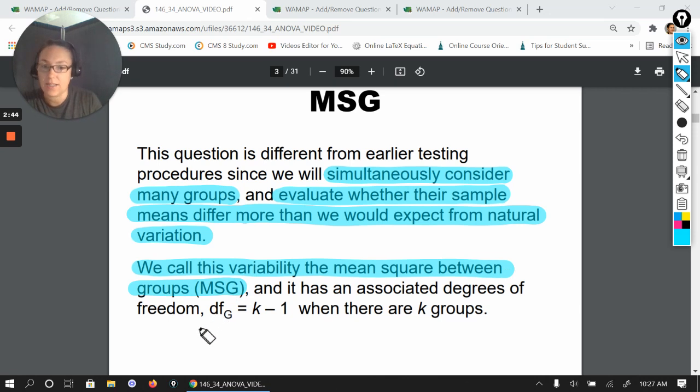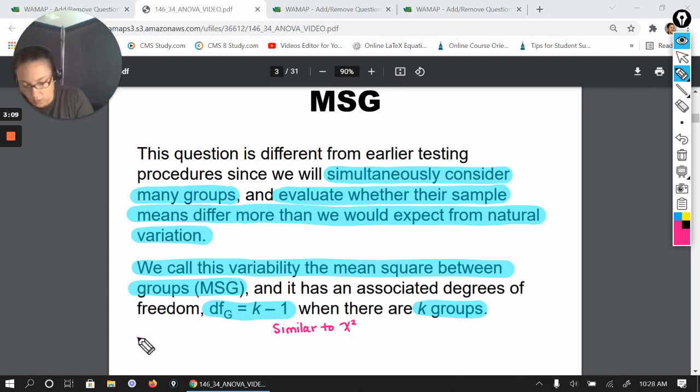And it has an associated degrees of freedom of df equals k minus 1, where there are k groups. So this is very similar to chi-square process.